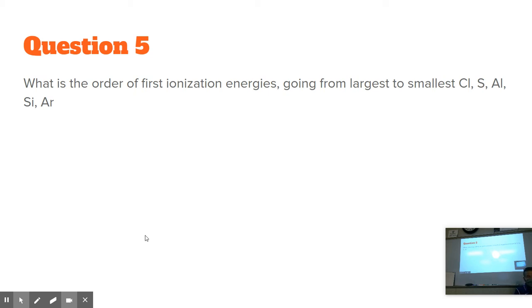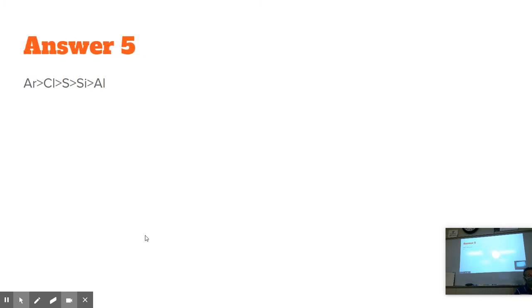Given these 5 elements going from largest to smallest, you should have argon, chlorine, sulfur, silicon, aluminum. If you look at the periodic table, they're all in the same period. Okay? So, knowing your trends, as you go left to right, your ionization energy is increasing.